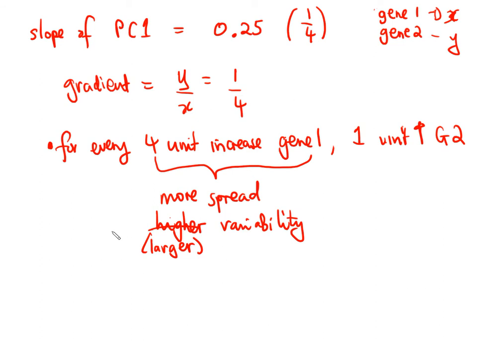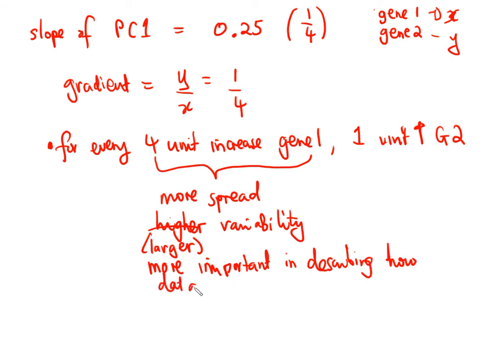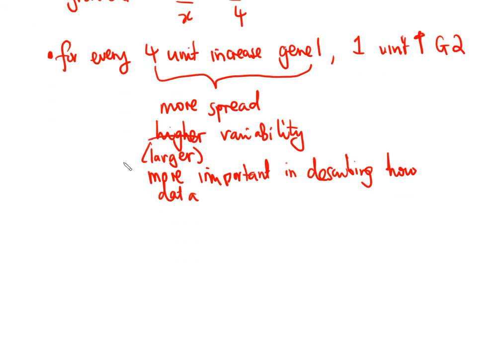What that also means is gene 1, compared to gene 2, is more important in describing how data is spread out. So these are the conclusions that we're getting from just the gradient of the PC1 line.